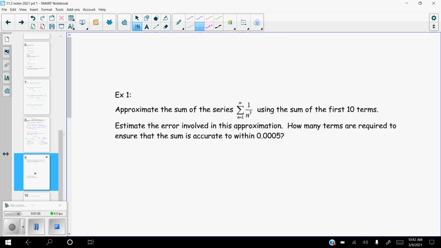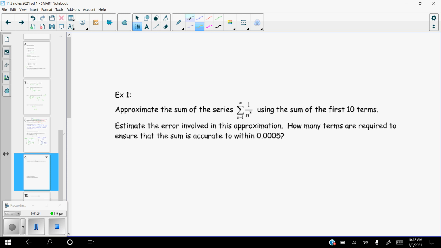Okay, so our job here is to approximate the sum of the series 1 over n cubed as n goes from 1 to infinity using the sum of the first 10 terms. So we're going to approximate the sum of 1 over n cubed only using the first 10 terms.